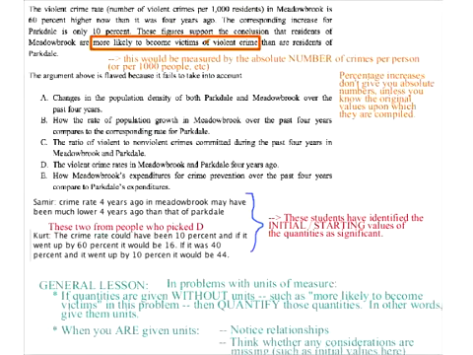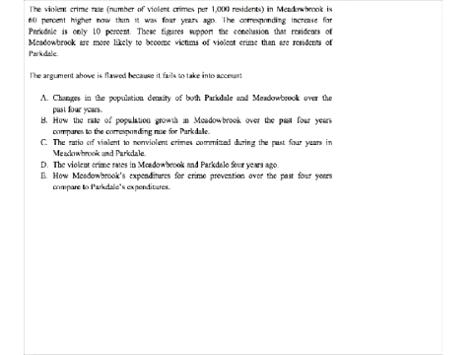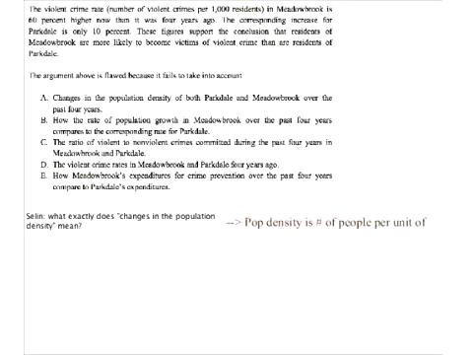Okay, there's a couple of questions in the text box. Let's look at those really quickly. One person is asking, what does population density mean? Population density means the number of people living in some fixed unit of area. So pop density is number of people per unit of area, for instance, people per square mile.